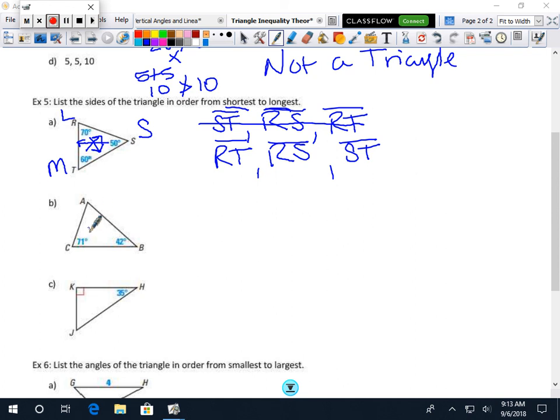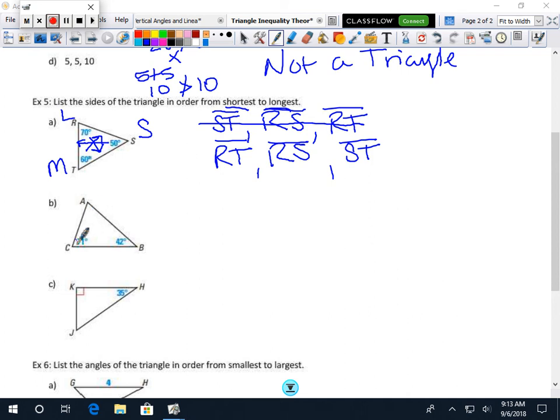Looking at example B, we hopefully all know that a triangle adds up to 180 degrees. So the whole triangle would be 180. To find my missing angle here, because I don't know small, medium, large, because I'm missing one.